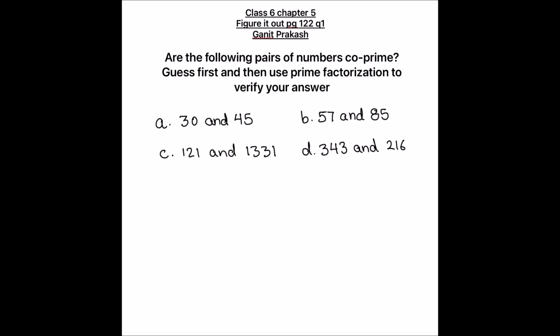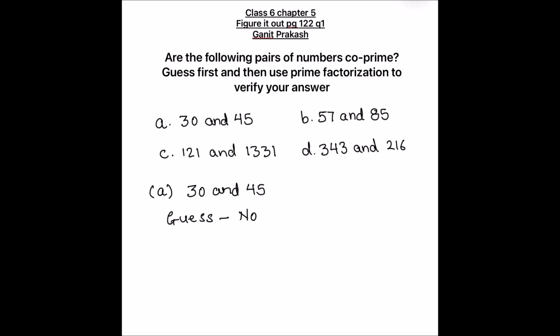First part is A part. Here we have two numbers 30 and 45. So first we need to guess whether these numbers are co-prime or not. As the numbers are 30 and 45, both are divisible by 5. It has a 0 and 5 in the units place, so they both are divisible by 5, so they must have a common factor of 5, so they are not co-prime numbers.